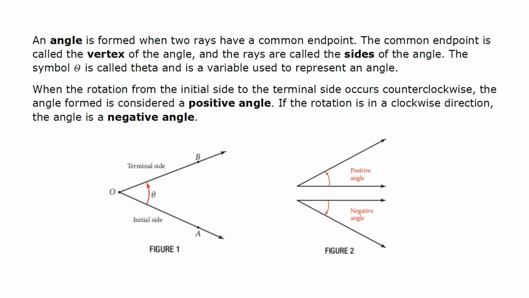When the rotation of the initial side to the terminal side occurs counterclockwise, the angle formed is called a positive angle. If the rotation is in a clockwise direction, then the angle is a negative angle.